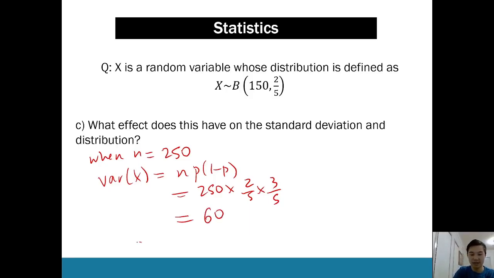And when we take the square root of 60, that is going to be 7.75 to 2 decimal places.